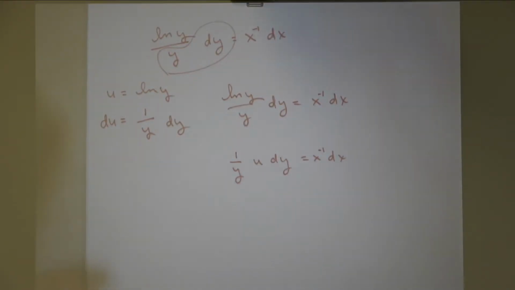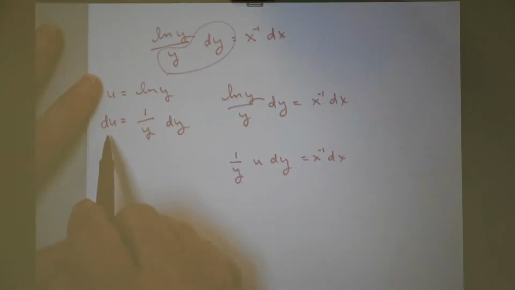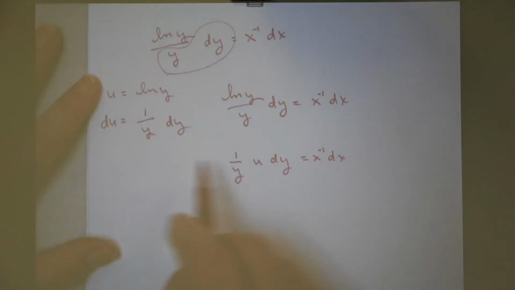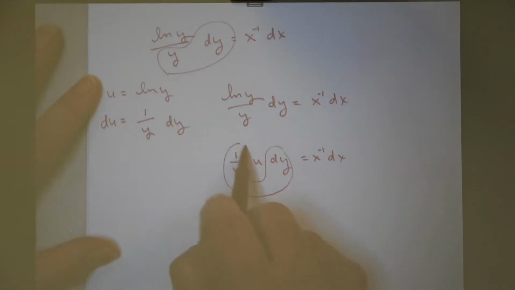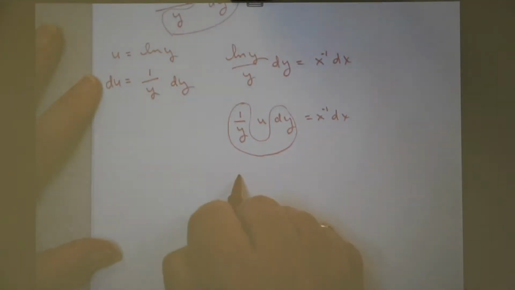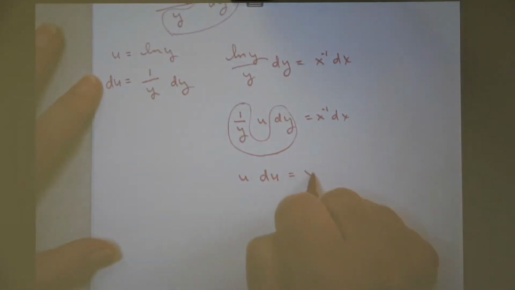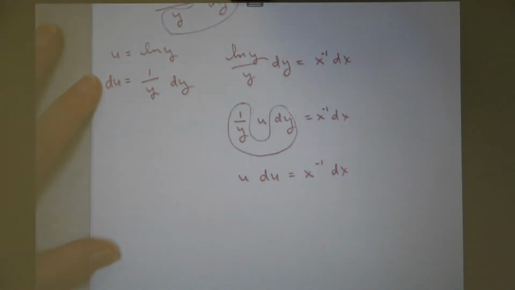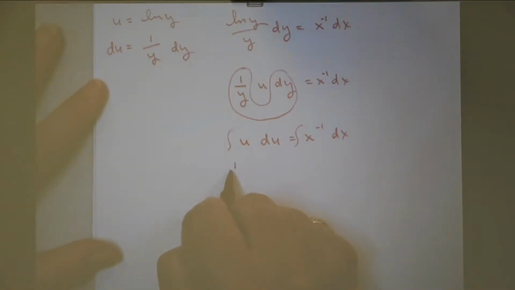All right, so du, 1 over y dy, I'm going to replace this with du. Everybody with me? So now I've got u du, x to the negative 1 dx. Now we're going to integrate, and we're going to end up with 1/2 u squared.